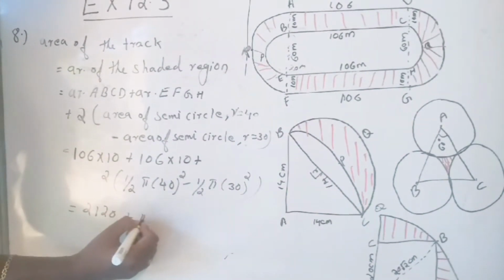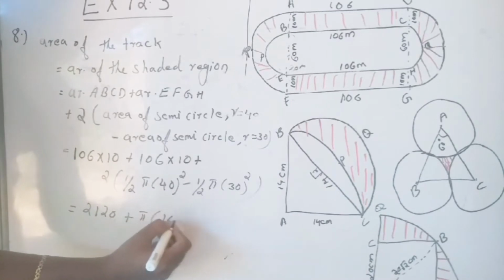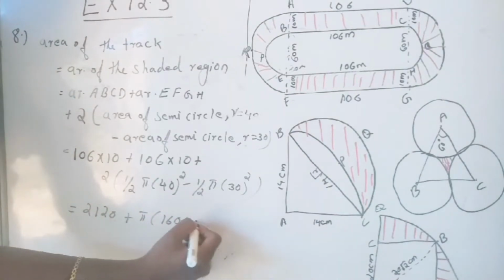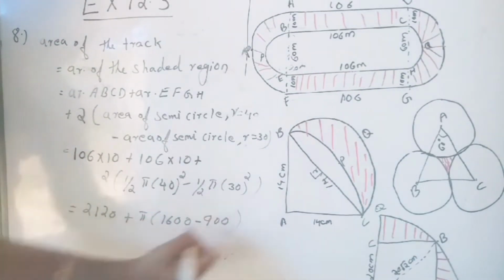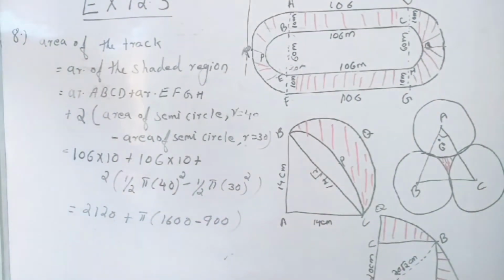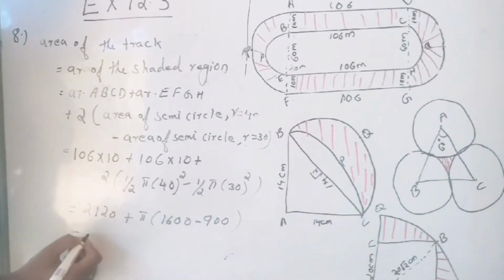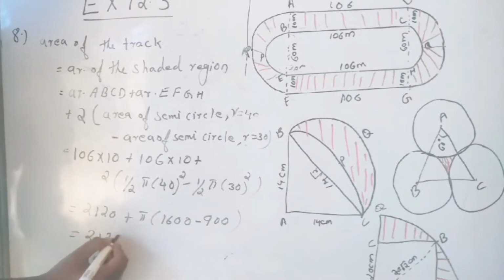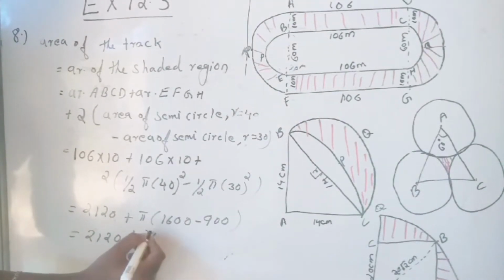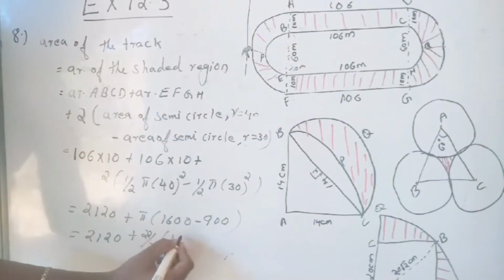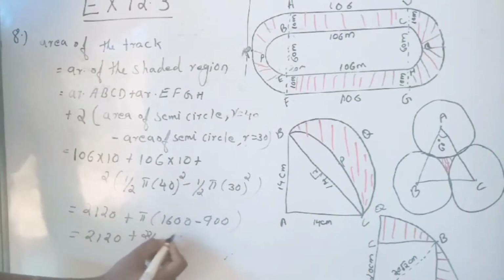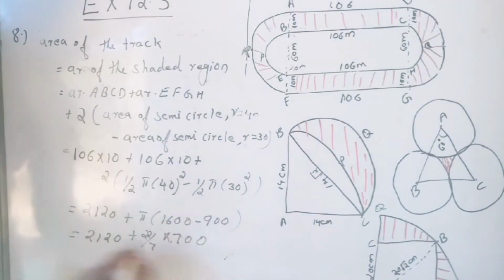This is equal to 2120 plus pi into 1600 minus 900. That is equal to pi, we need to substitute it as 22 by 7, into 700.